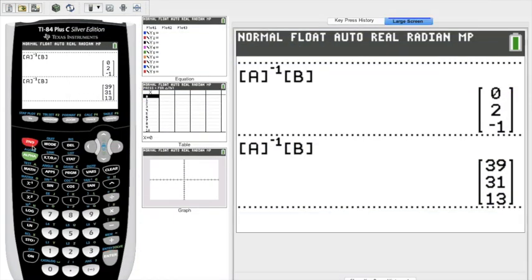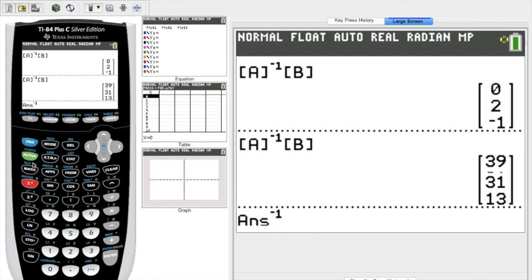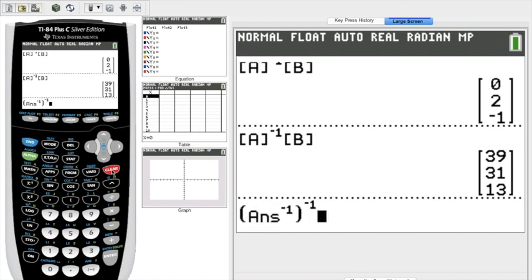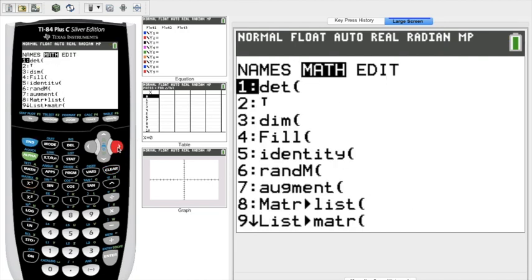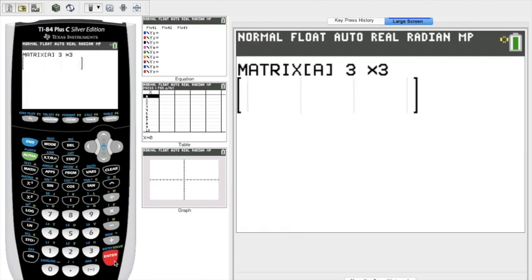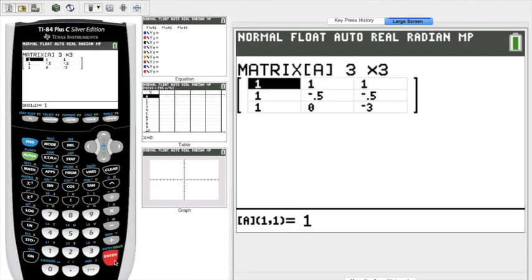And we're going to go second matrix. Hopefully it doesn't crash. Second matrix, edit. First one is a 3 by 3. It was 1, 1, and 1 all across the top.